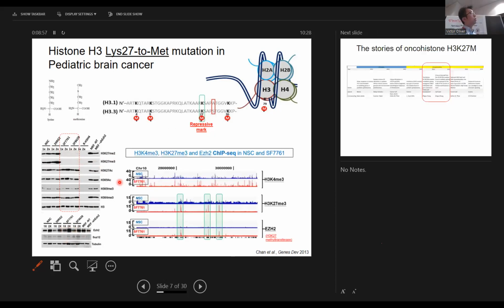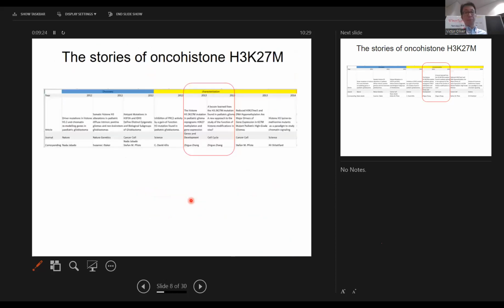We further performed experiments, including ChIP sequencing, and you can see that histone H3 lysine 4 methylation is not affected in the patient sample compared to the control, while histone H3 lysine 27 methylation is dramatically reduced compared to the neural stem cell control, proving that indeed the mutation affects histone H3 methylation.